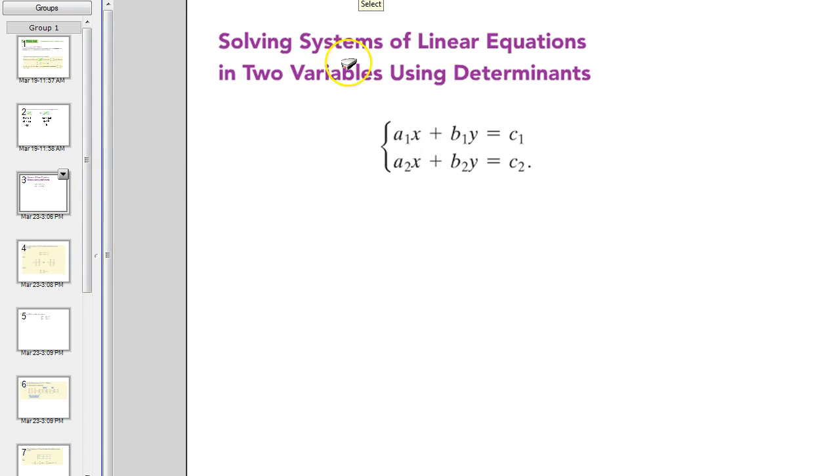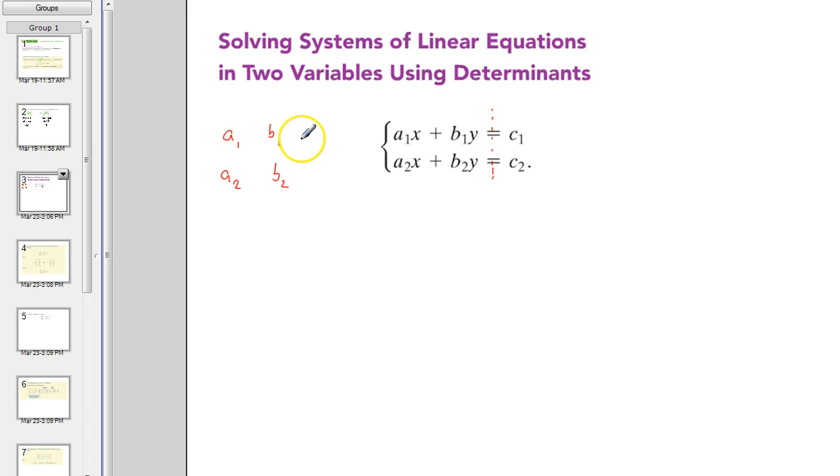Alright, solving systems using determinants. So what I'm going to do here, I'm going to do two things. One, I'm going to notice that if I do like an augmented matrix, just over here on this left-hand side, if I make a matrix out of just the left side, I get A1, B1, A2, and B2.